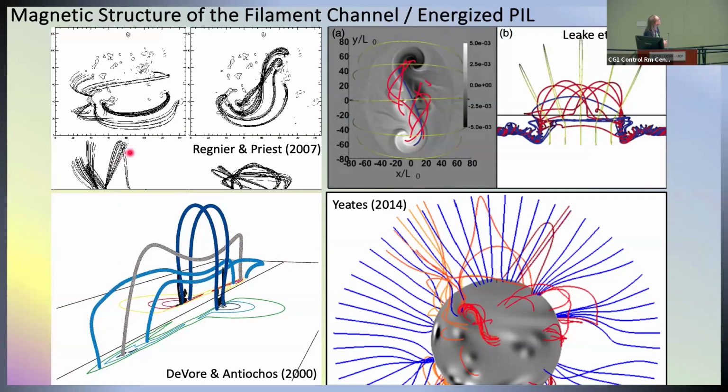But if you look at active region fields, and this is one of the first nonlinear force-free or linear force-free reconstructions of an active region field, you could say the same distribution of plus and minus magnetic flux gives me these potential loops, which would look like this.